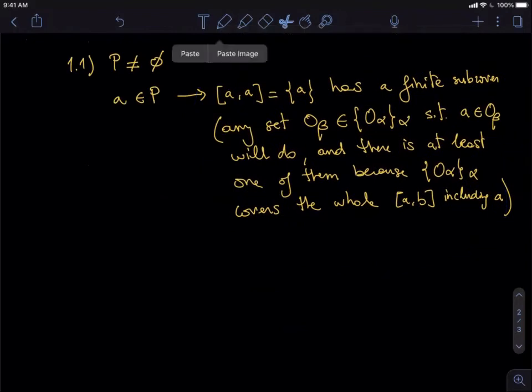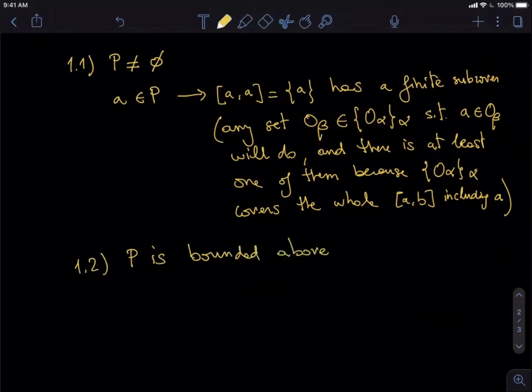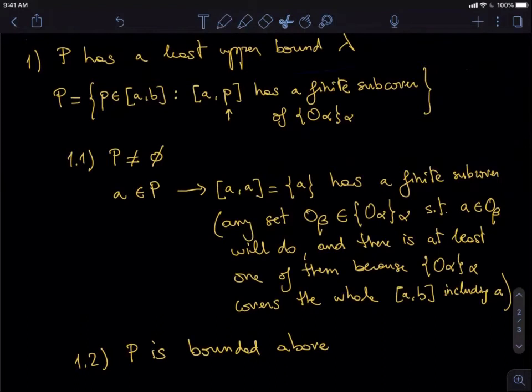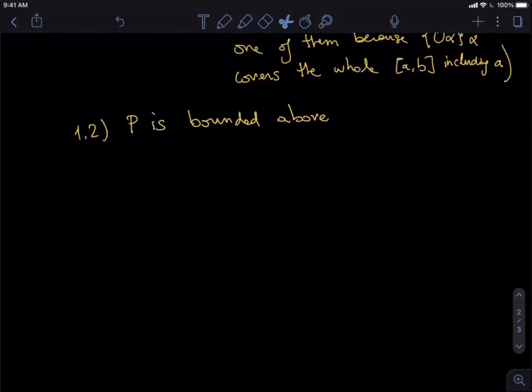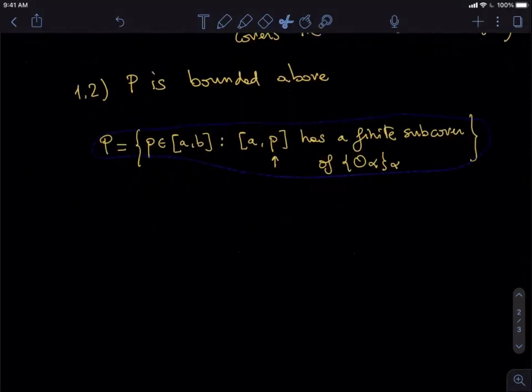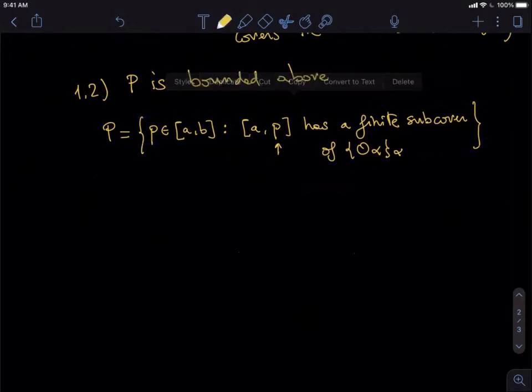Now, the second step, 1.2, is to, once we show that it's not empty, we need to show that it's bounded above. Okay, let me copy again the definition, or just bring it with me. All right, so P is bounded above. What is an upper bound here for P?